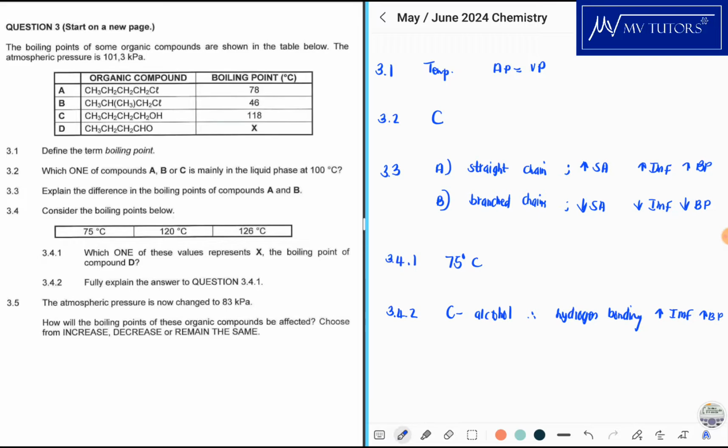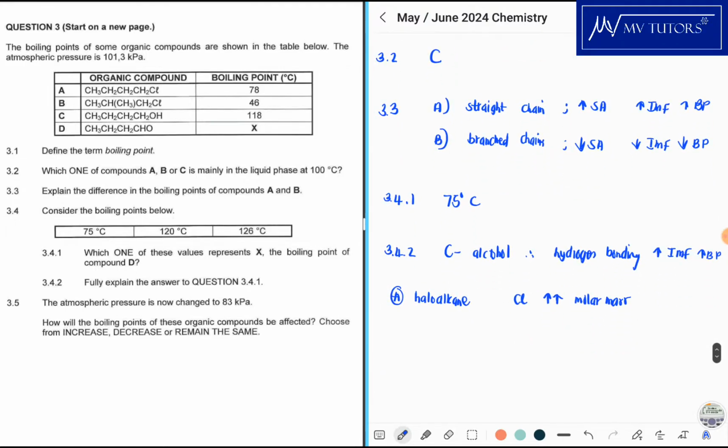Now, comparing D and A, A is a haloalkane, and that halogen, so Cl, chlorine, has a very high molar mass compared to D, our aldehyde.